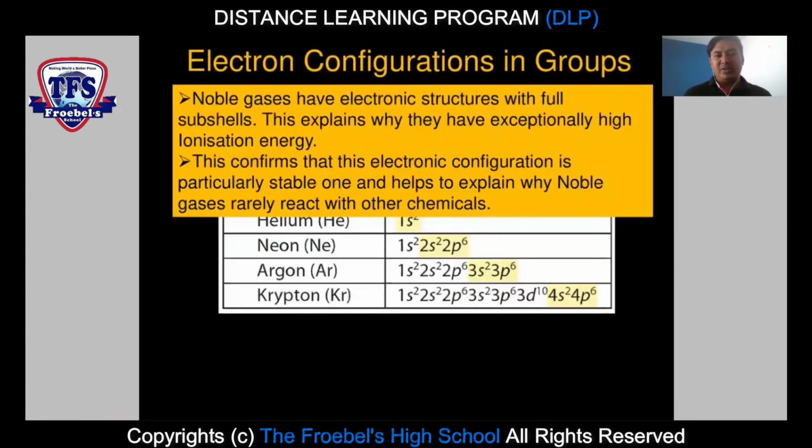So if we discuss the electronic configuration in groups, we can easily determine it by the Aufbau principle, according to which the lower orbital will fill first and then later on 1s, 2s, 2p, 3s, 3p.